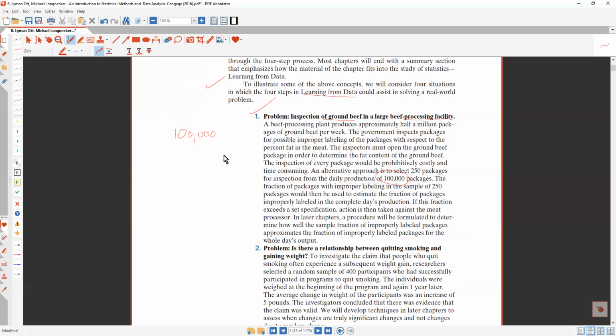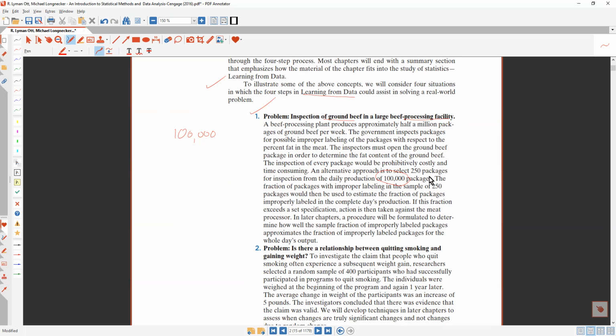There's 100,000 packages. Well, if you want to inspect the beef to make sure it's safe, right? We know those little tags you see on meat sold in the store that says inspected by the Department of Agriculture. They can't inspect every piece of beef. They can't inspect every piece of meat.